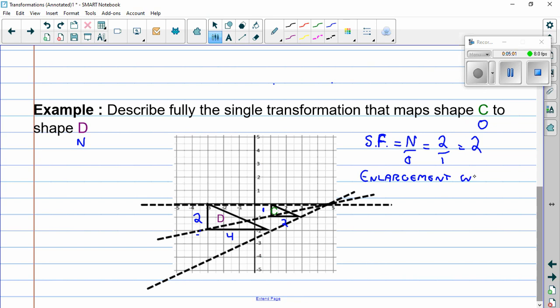So enlargement, with scale factor 2 and center of enlargement as 4.5 and 0. So even though we might use abbreviations when we go through our work, always answer at the end in full. That way the reader, no matter who they are, can understand your work.